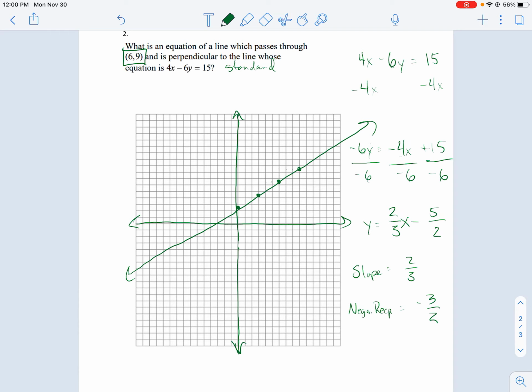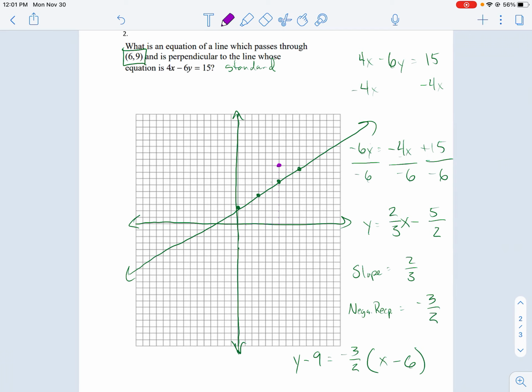So let's put this all together. y minus 9 is equal to negative 3/2 times (x minus 6). Now we can leave it just like this. It's not telling us to put it in any particular form. So I go 1, 2, 3, 4, 5, 6, and there's our point.